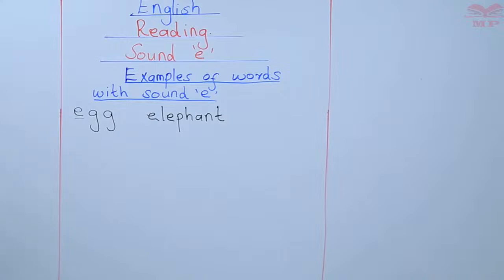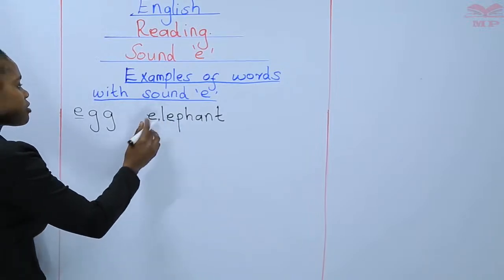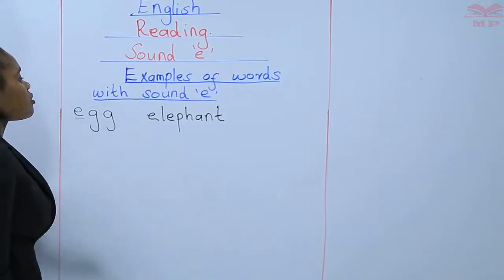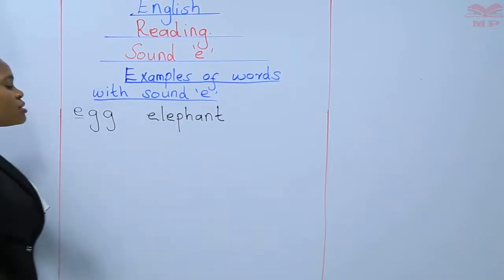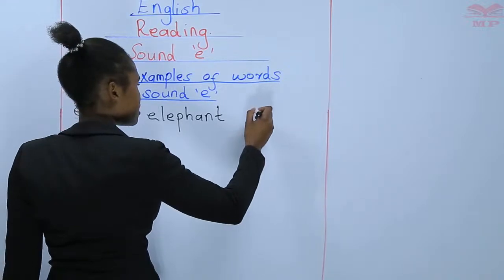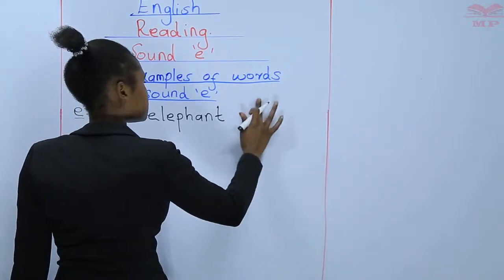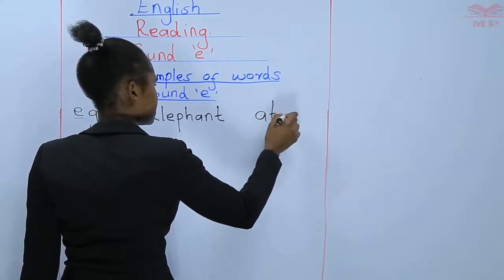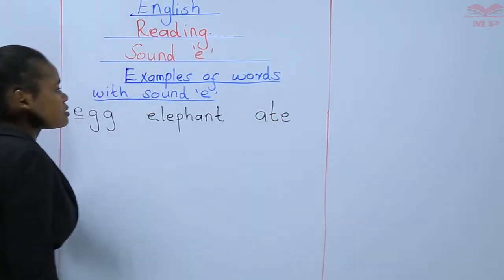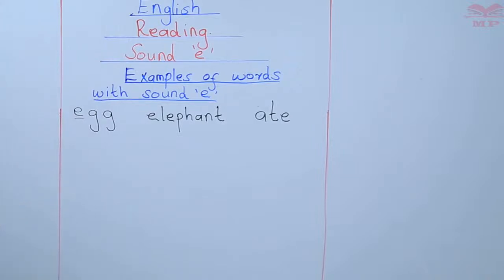Now an elephant is a wild animal, you all know that, and it is among the big 5. The word elephant has sound A at the beginning of the word and along the word. We can also have another word, ate. Ate, the past tense of the word eat. The word ate also has sound A.